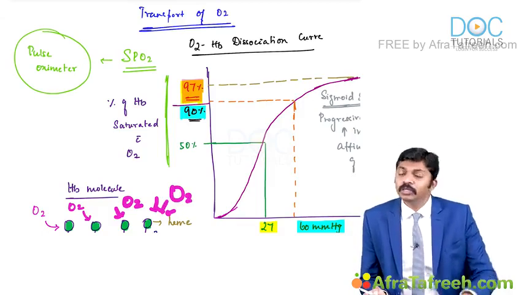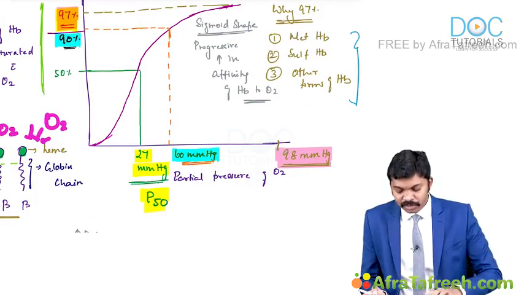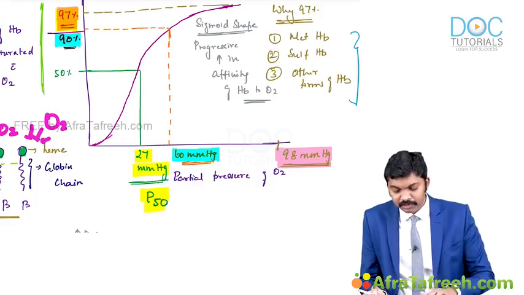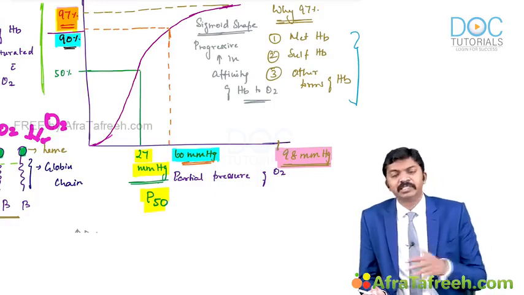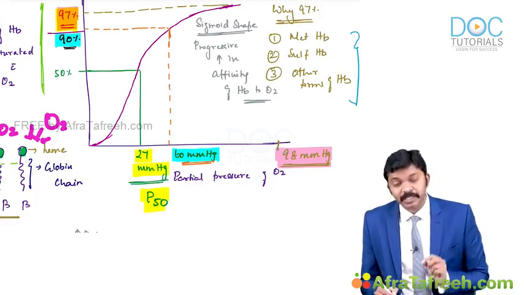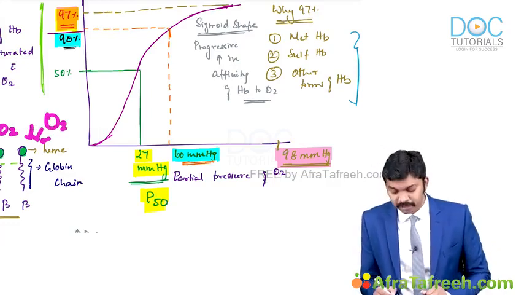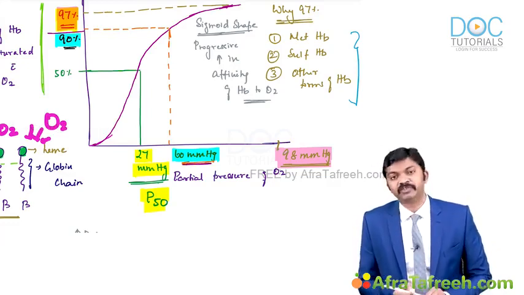Why is this so? Though the subject is not experiencing any symptom, we admit them, because as long as the saturation is maintained around 90%, the subject will not experience any symptom. Now look at here, doctors, if the saturation is 90%, what can be the partial pressure of oxygen? It is just 60 millimeters of mercury.